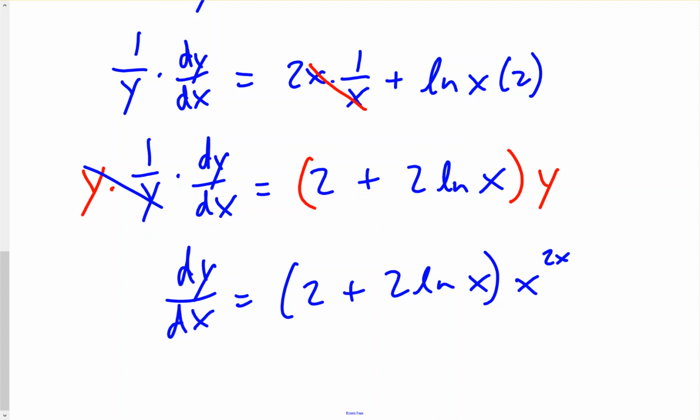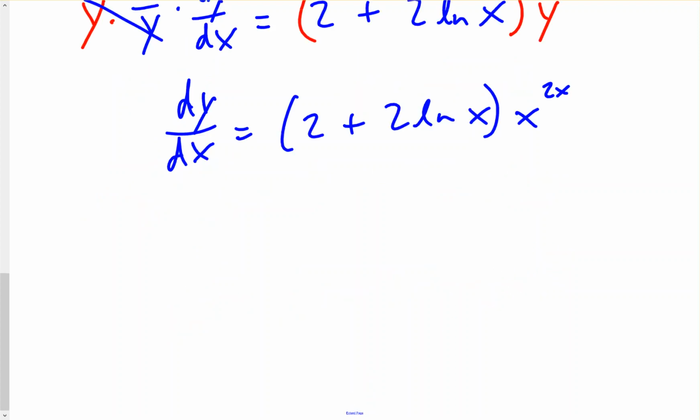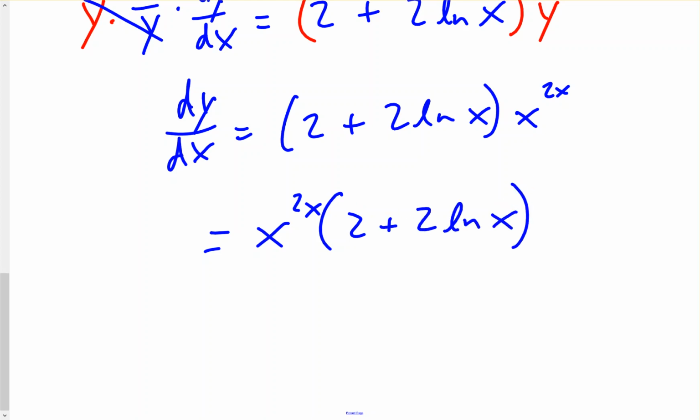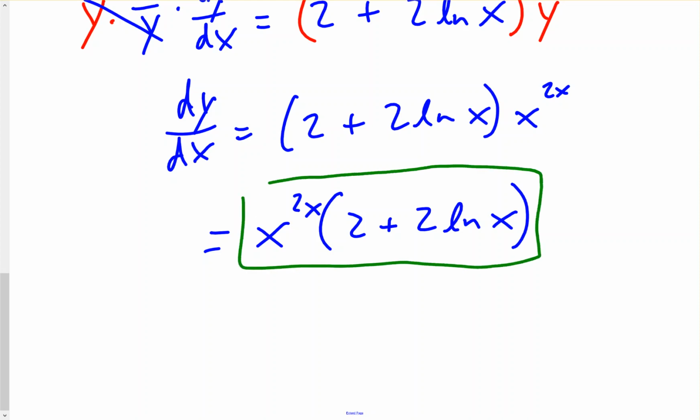You could leave it like that. Generally, if it's a single term like this, we'll bring that to the front. So we'll have x to the 2x times (2 plus 2 ln x). And that would be the end of that problem.